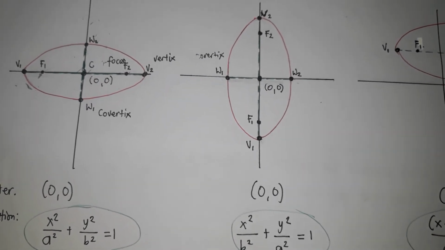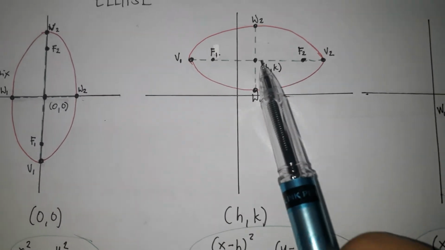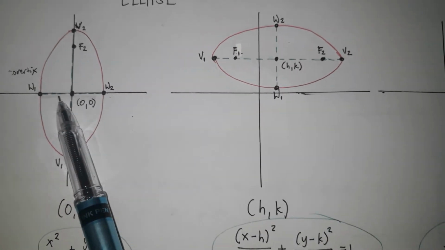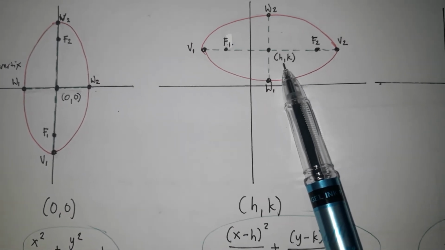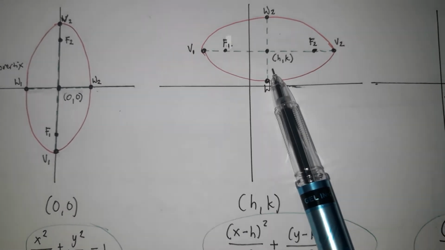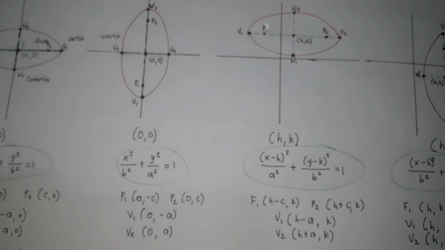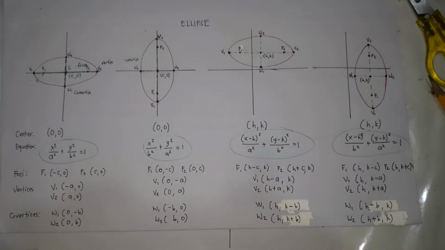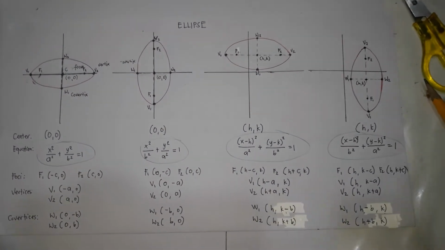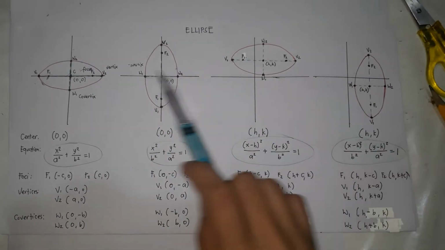So with this, there are also some ellipses whose center are not in the origin and they are assigned with HK, ordered pair HK. So if that would be the case, these are how we're going to identify the focus and the center and the other parts of the ellipse. There are 4 examples.